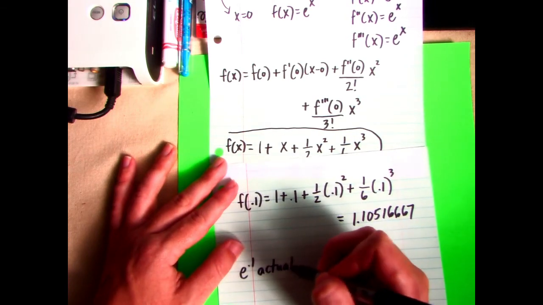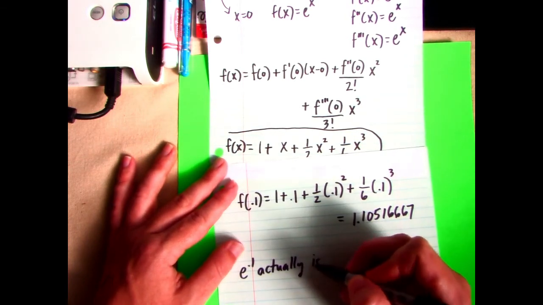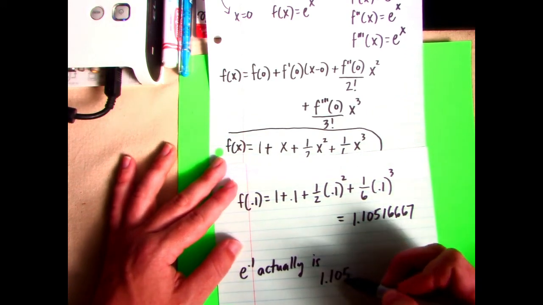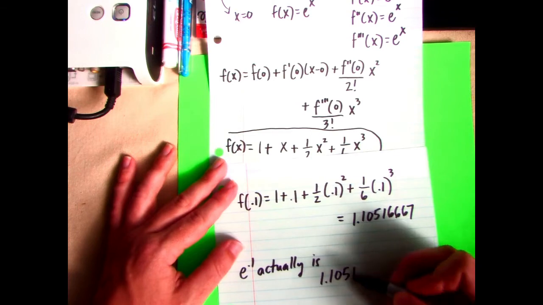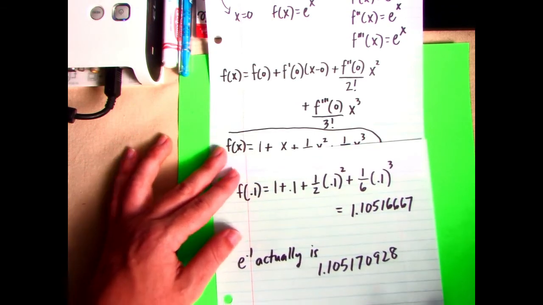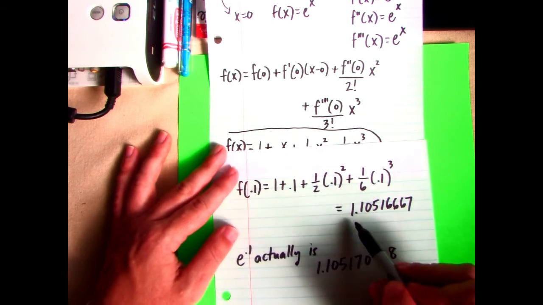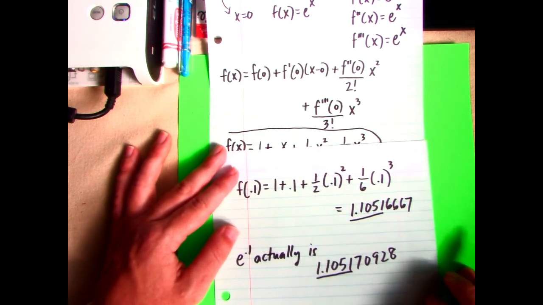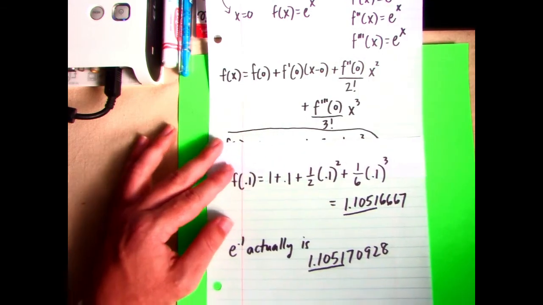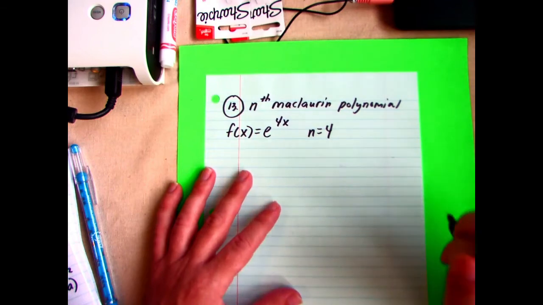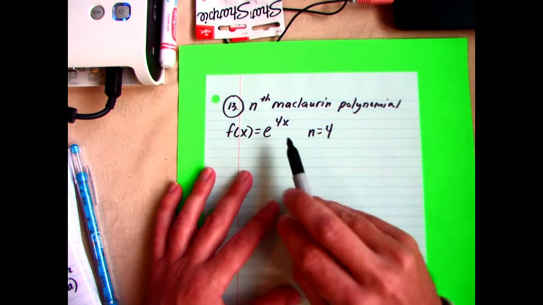And if you get the exact value of e to the power of 0.1 on a calculator, it's 1.105170928. So it looks like we're actually correct to 4 decimal places. So my third degree Taylor polynomial is a very close approximation.